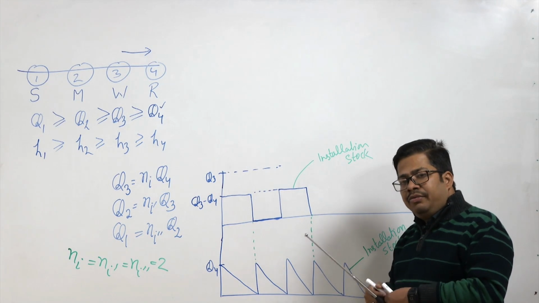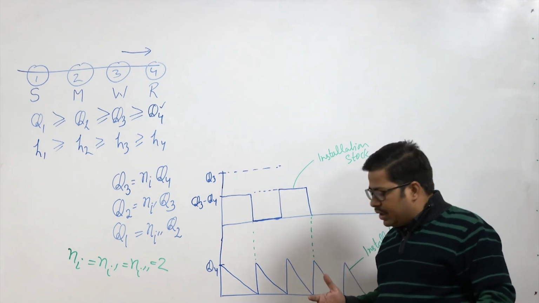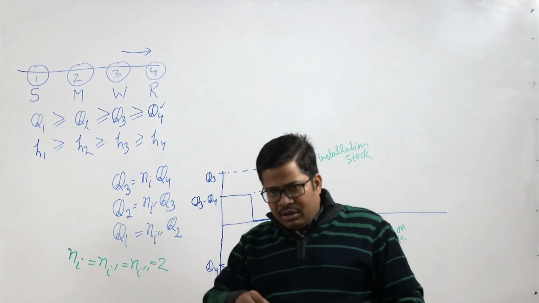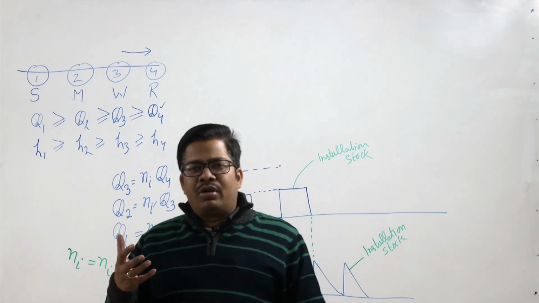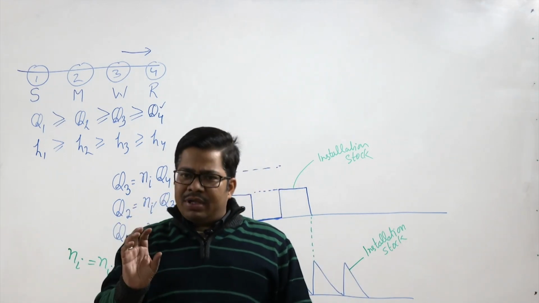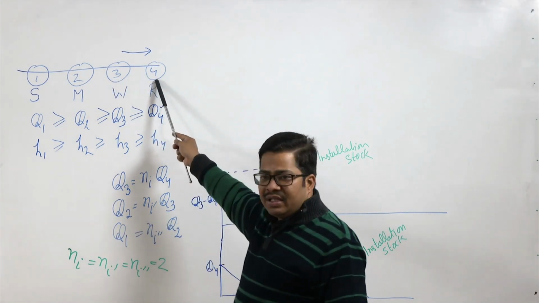But we already introduced a concept known as echelon stock in our last class. So now, just to revise, echelon stock represents the amount which you have at that particular stage, at stage 3 and at stage 4.